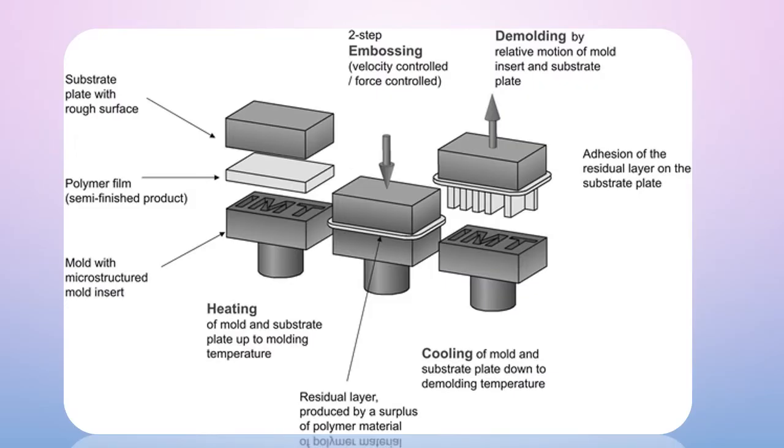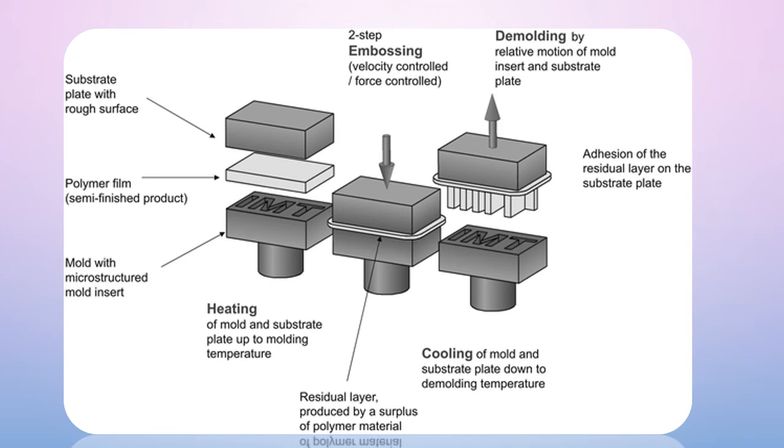Let's see the steps of the hot embossing process. This is the setup. This is the mold where the shape of the part that we want to create is. This is the polymer film that we're going to replicate. Then there will be heating of the mold and the substrate plate up to the molding temperature.